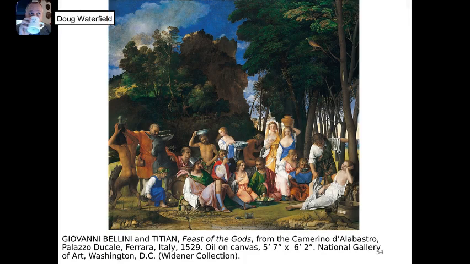Giovanni Bellini, one of the members of the leading family of painters in Venice, the Bellini family, was Titian's teacher. And Titian also was able to work on a number of Bellini paintings, like this one called Feast of the Gods. It shows the incident of the attempted rape of Lotis, who was a nymph mentioned by Ovid.